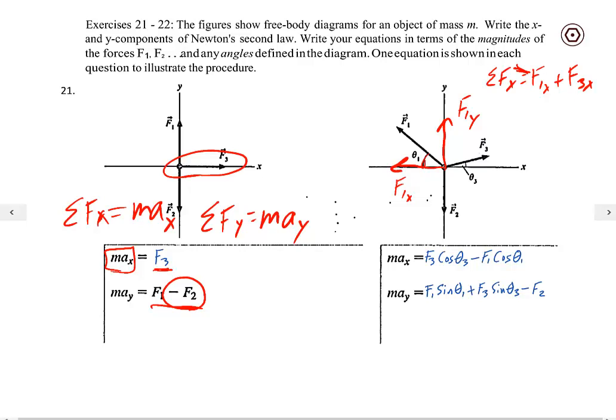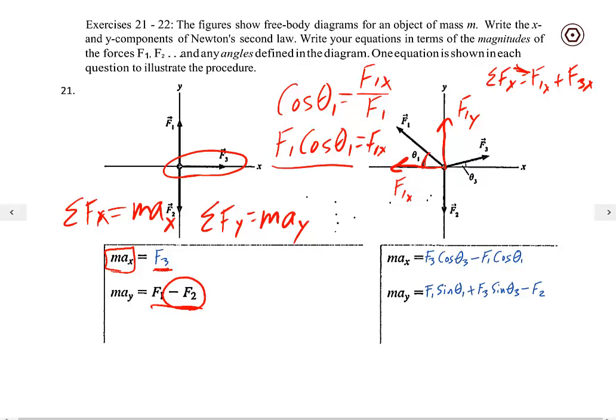If this is our angle, because it's adjacent to F1x, we know that the cosine of theta 1 would be the adjacent side, F1x, over the hypotenuse, F1, giving us that F1 cosine theta 1 equals F1x.